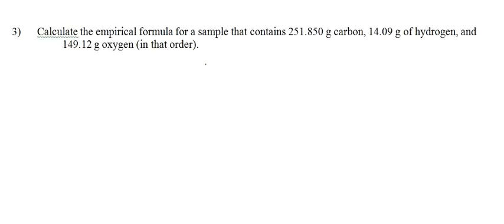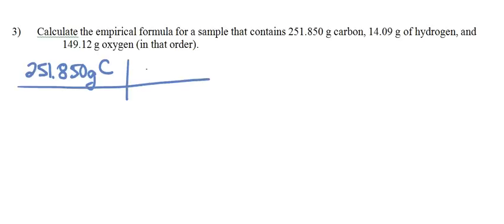We're ready to plug in these mass amounts and calculate how many moles we have. So let's start off with our carbon. We had 251.85 grams of carbon. And from the periodic table, 1 mole of carbon weighs 12.01 grams. So we'll get a number there.